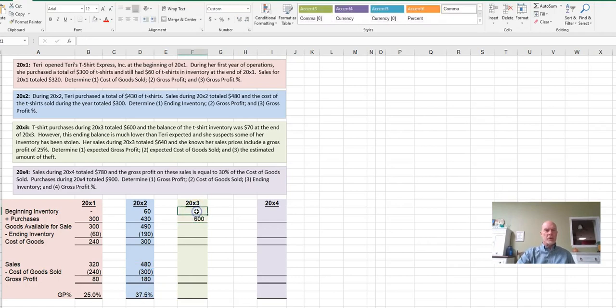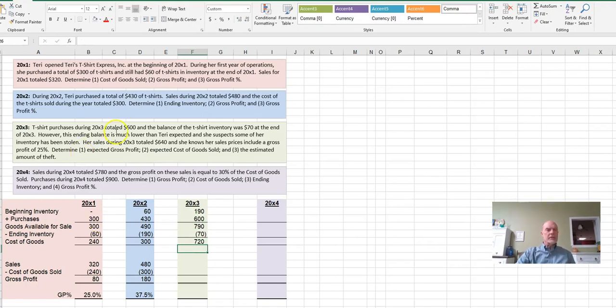Now what we started with, of course, is whatever we ended year 2 with, which was 190. So the beginning inventory plus the purchases of 600 means that our goods available for sale is 790. That's the total that we had available for sale to customers. At the end of the year, we have 70 left. So let's subtract 70, and that gives us 720. Okay?